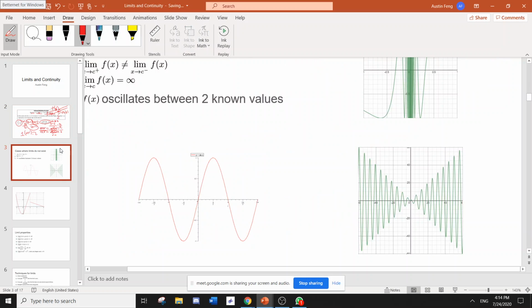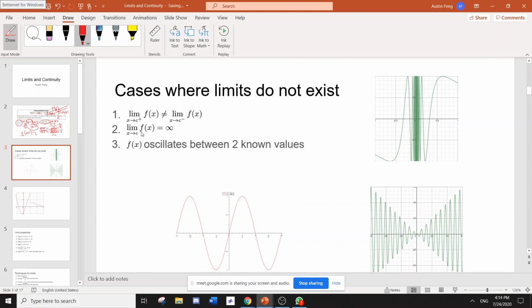So where does a limit not exist? There are 3 cases. One is when the positive limit does not equal the negative limit. Let's say we have a piecewise function like this, where the positive limit is equal to 4 and the negative limit is equal to 3.